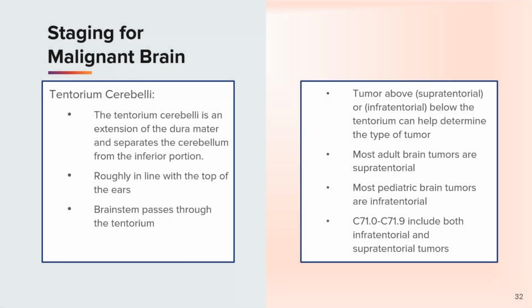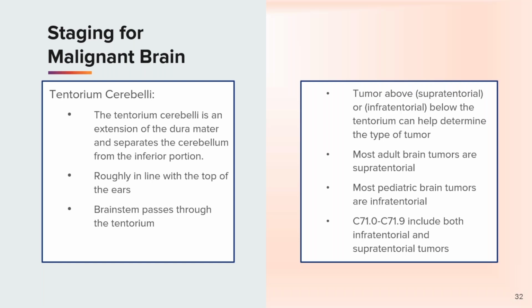Here we have the tentorium cerebelli. The tentorium cerebelli is an extension of the dura mater and separates the cerebellum from the inferior portion, roughly in line with the top of the ears. The brainstem passes through the tentorium.